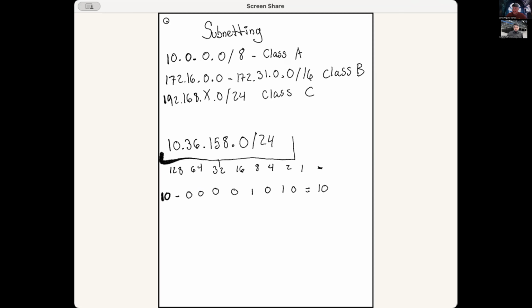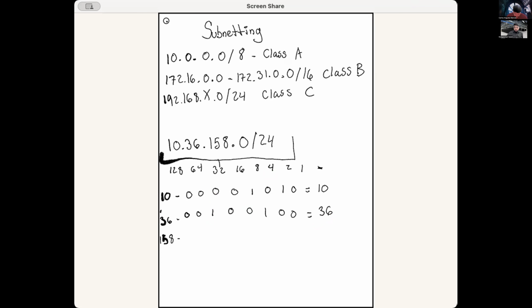That looks a bit more complex, but it's not. 128 is much higher than 36, so we know that's going to be disabled. 64 is too high. 32 fits in, so we set that in. 16 is 0, 8 is 0, so we just need 4 to go: 0, 0, 1, 0, 0, 1, 0, 0 equals 36, because we have 32 plus 4 equals 36. Okay, that 158 number.